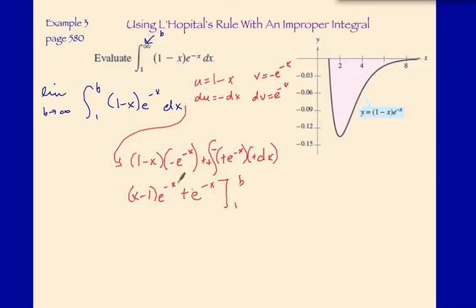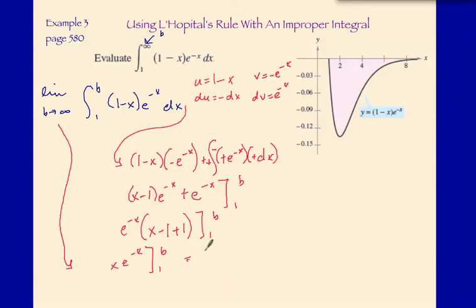Now before I do this, I'm going to make things easier on myself by factoring out the e to the negative x. This is going to leave x minus 1 plus 1, which of course is just x. Now e to the negative x times x, from 1 to b. Remember, this whole limit thing is following us all the way down. We haven't been able to plug infinity in yet, but it's going to happen soon.